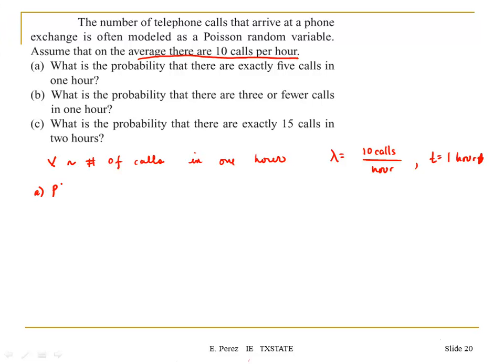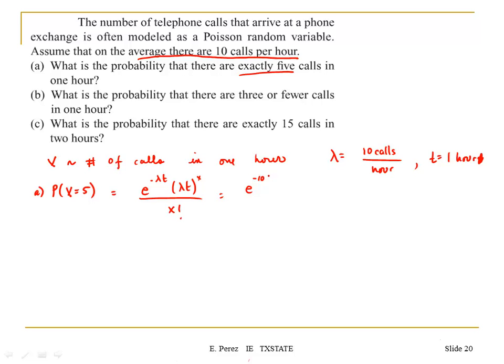So how would you state that? Is that an inequality or equality? X equals 5, correct, because it's exactly 5. So this is going to be equal to e to the minus lambda t times lambda t to the x divided by x factorial. In this case, we don't have to look at the cumulative values because we are looking at an equality.